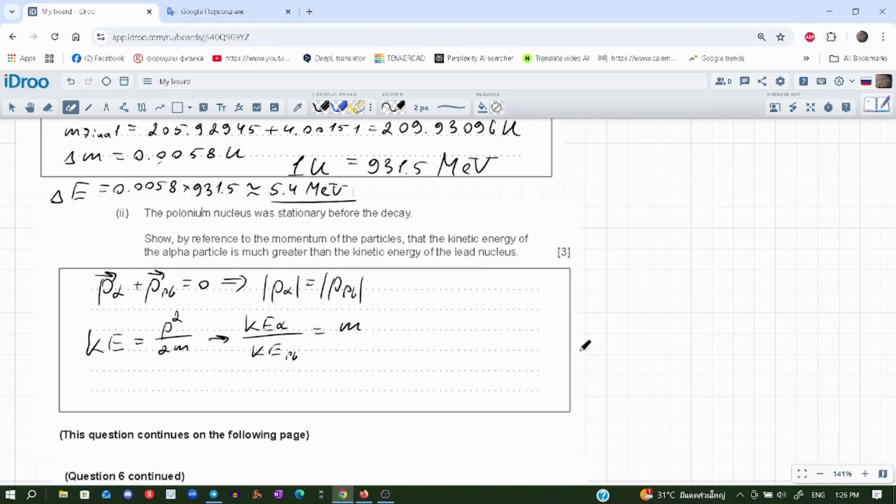So mass of lead over mass of alpha particle, which is about 206 over 4, which is approximately 51.5. Wow. So they said, show by reference to the momentum of the particles that the kinetic energy of the alpha particle is much greater. Yes, it's much greater, about 50 times greater.